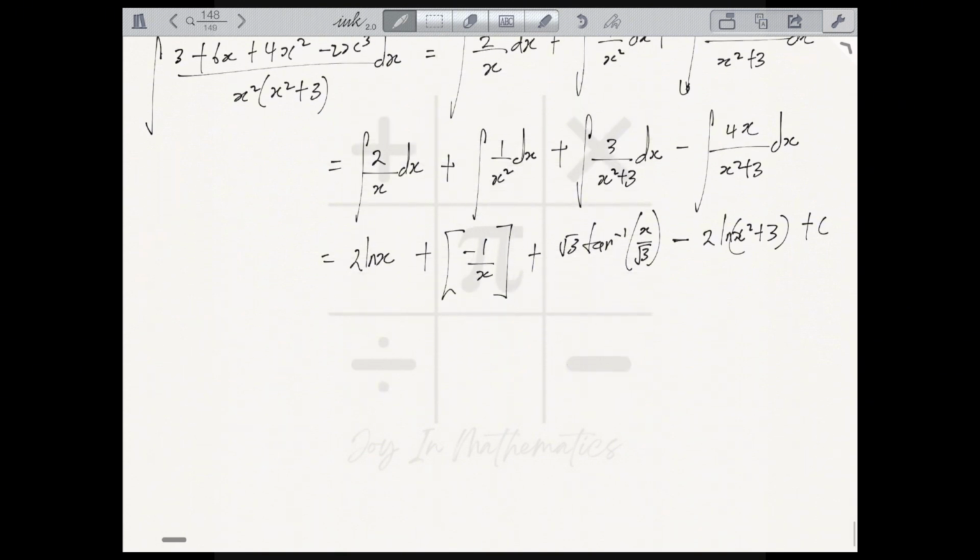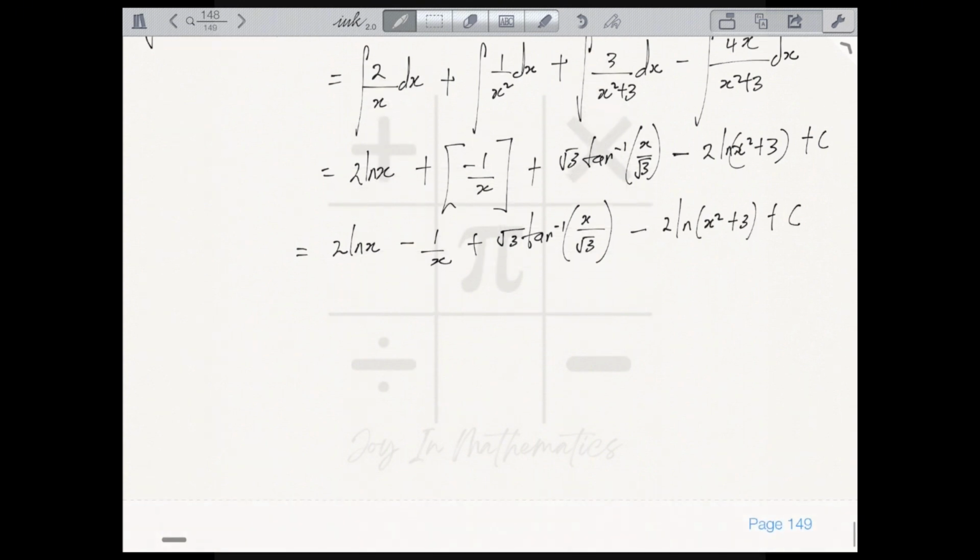So simplifying this, we have 2 ln x minus 1 over x plus root 3 arctan of x over root 3 minus 2 ln (x squared plus 3) plus c.